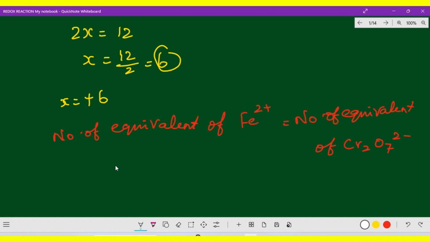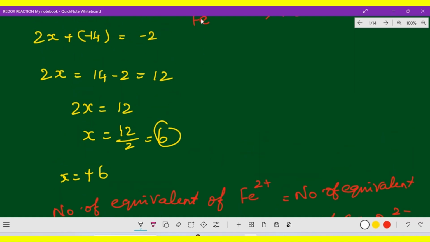So N3 into number of electron change, which is 1, is equal to N4 into number of electron change, which is 6.